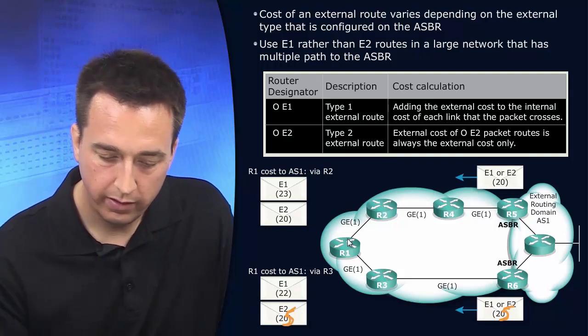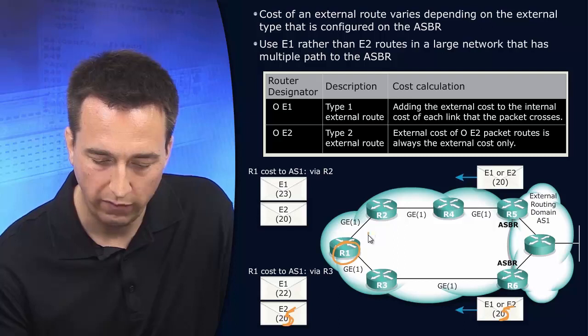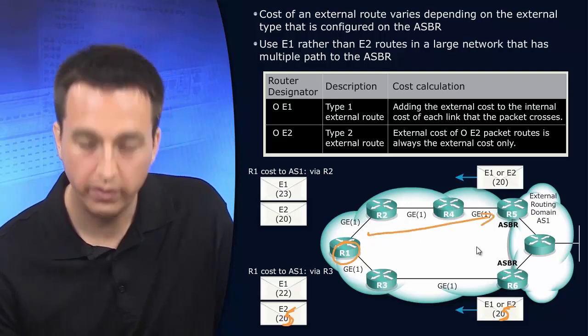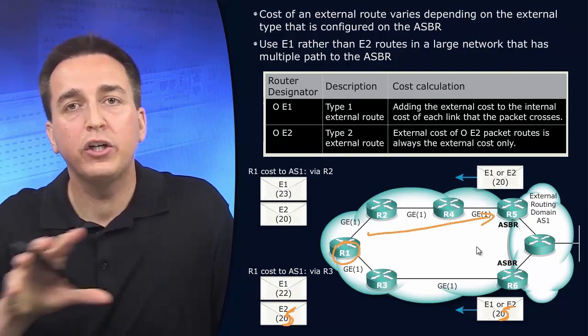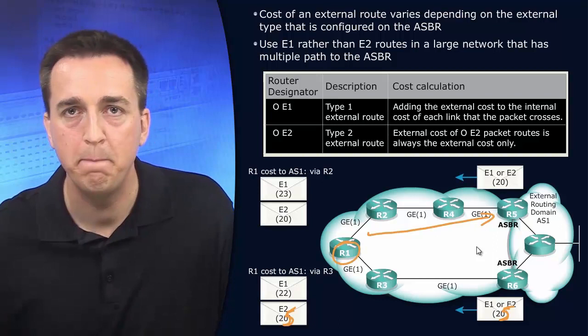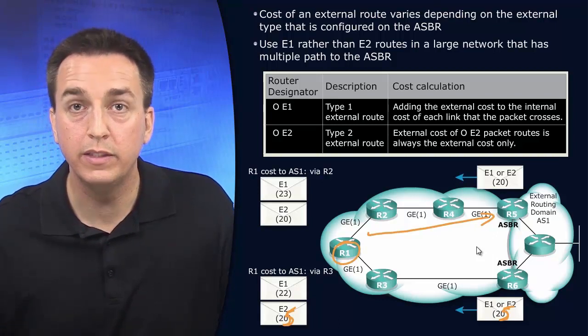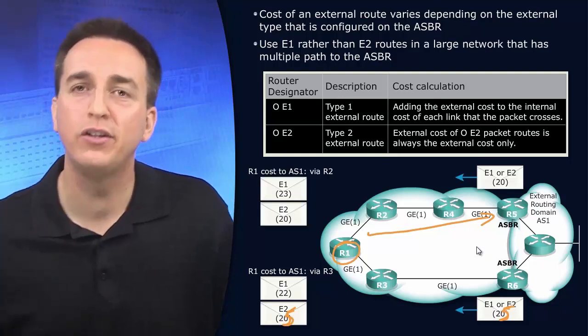R1 sees that, oh, it's 20 if I go to R5. So it's going to go through R5, the ASBR. So you get to control the exit point out of the OSPF autonomous system simply based on the seed metric that's introduced into the routing domain.